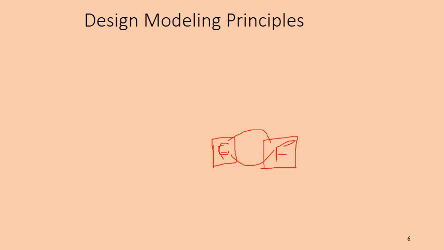Okay. So again we have some principles associated with this. Right. The design should be traceable to the analysis model. Got it? We know what the analysis model does. So the design model basically translates this information into an architecture.